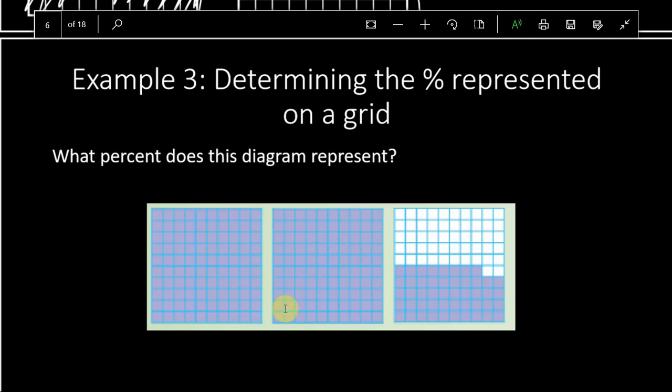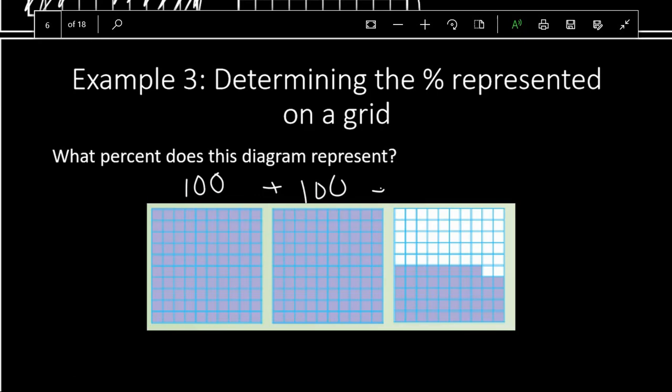Okay, so you'll see here we have 300 grids. The first 2 are completely shaded in. So that's going to be 100 plus 100 plus whatever we have left over shaded in on the end here.